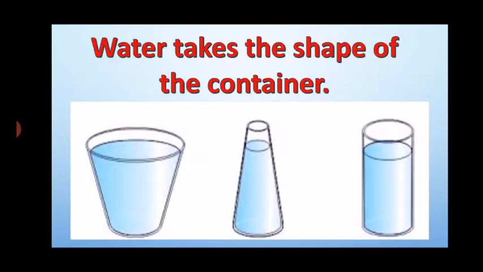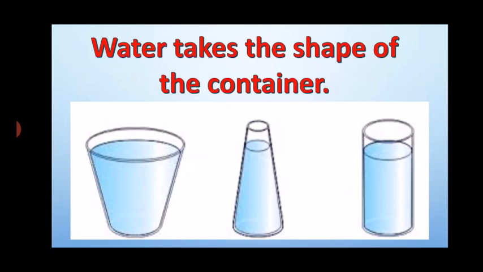So can you see, the first is like a cone, right? One container has the shape of a big cone, like a big funnel. The second one is like a pipe, or like a cone ice cream.